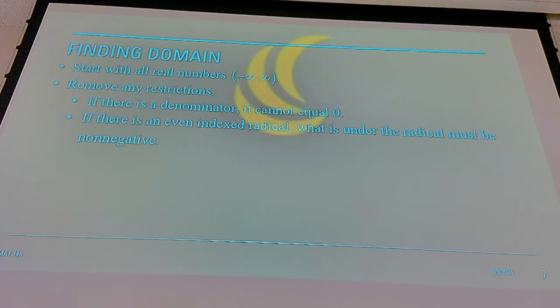Positive doesn't include 0. 0 is the only real number that's neither positive nor negative.